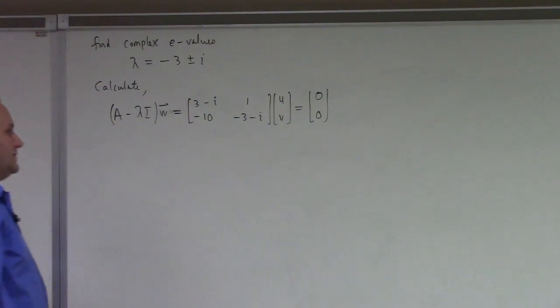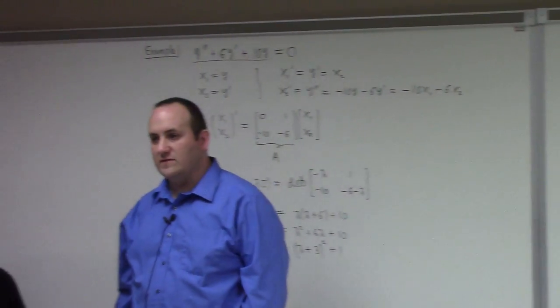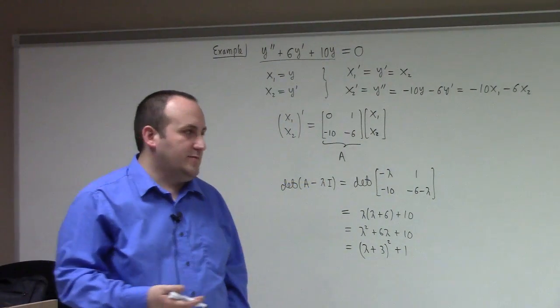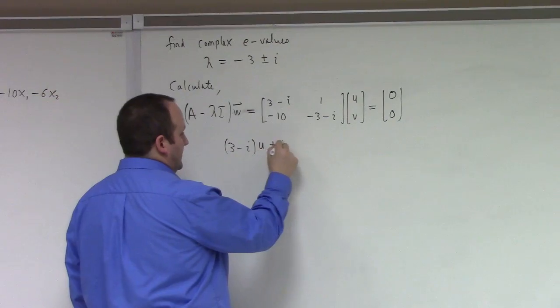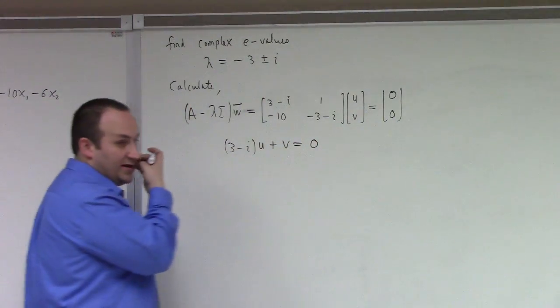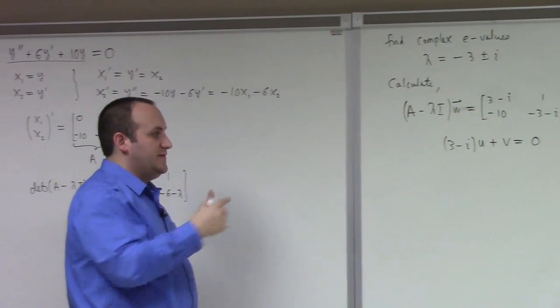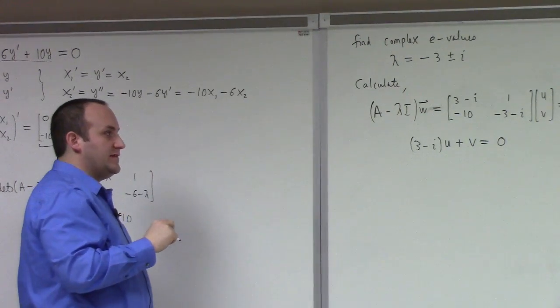If you trust the math, you only have to look at one of the equations, because both of these equations are the same. Check it out. 3 minus i times u plus v equals 0 is the first equation. What happens if you multiply that equation by 3 plus i?